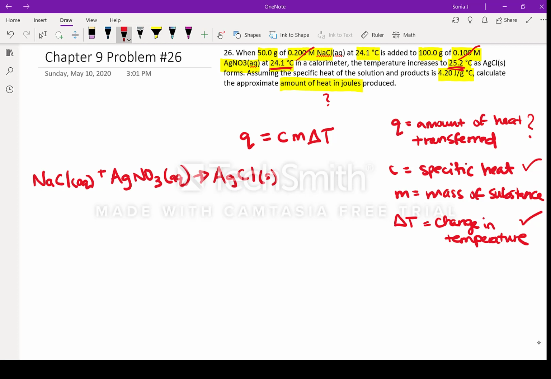And now the mass of the substance. Since these two were combined to form the silver chloride, we're going to add the two masses.